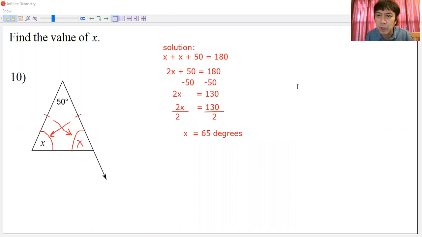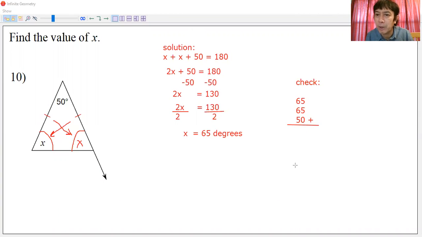All right, how shall we check? We can always check our answer. That means x plus x plus the 50. So we have 65 plus 65 plus the 50, and this will be add. What shall we get from 65 and 65 and 50?